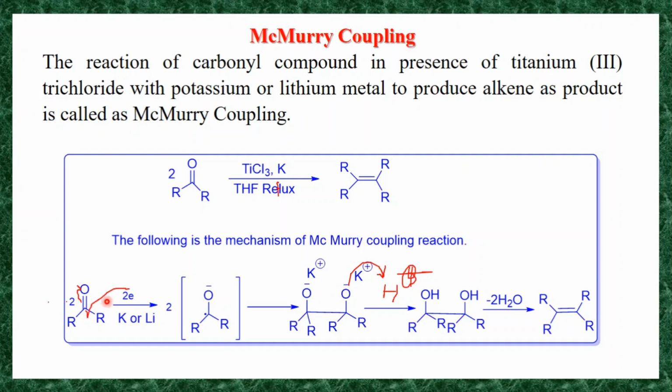It will attack this carbonyl carbon, and the bond will break. That is the pi bond. You know that the pi bond is a weak bond, so it easily breaks, and the bond pair shifts onto oxygen, so there is a negative charge, and it generates a radical on this carbon. This is called a radical ion. You will get two radical ions. Then the next step is the coupling of these two radical ions, like this.